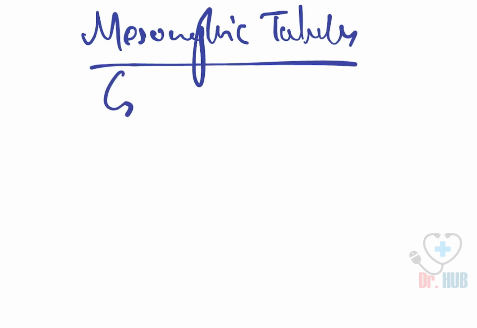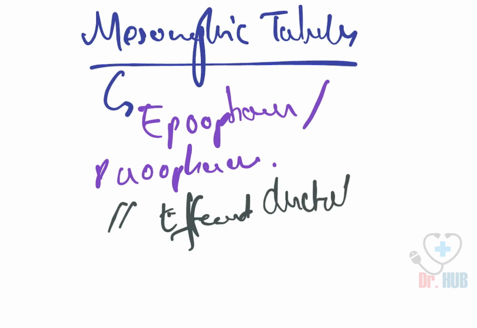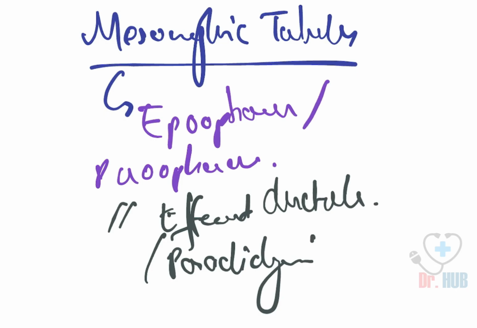In females, there is the epoophoron and the paroophoron. Next, in case of males, it includes the efferent ductules as well as the paradidymis.